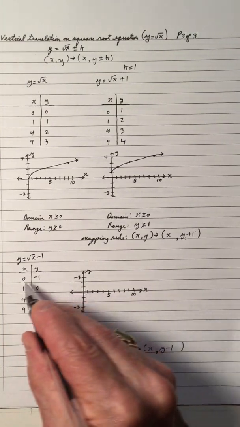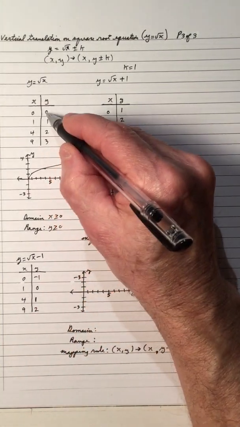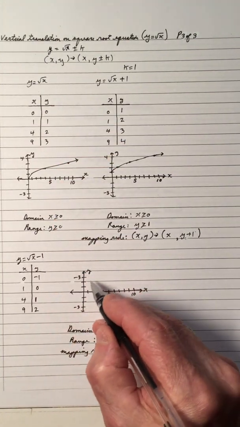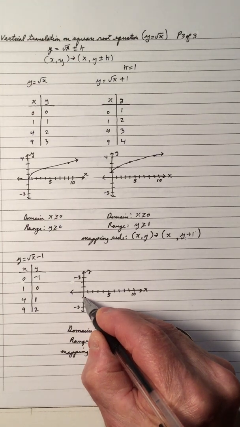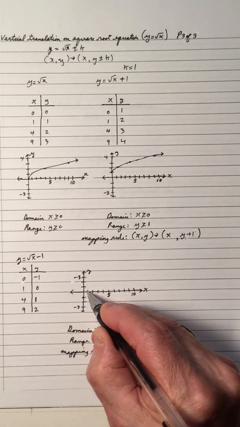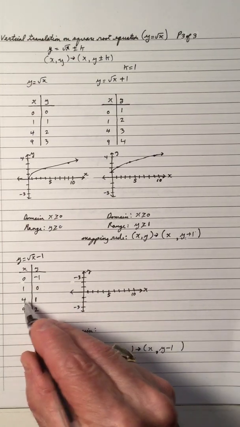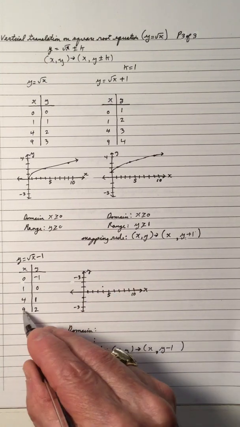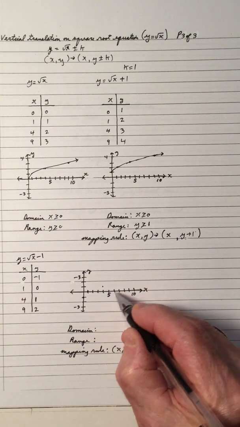So notice the x's are the same as here, but the y's are 1 less because you're taking 1 off the y value. So 0 gives you negative 1. 1 gives you 0. 4, 1. 9, 2.